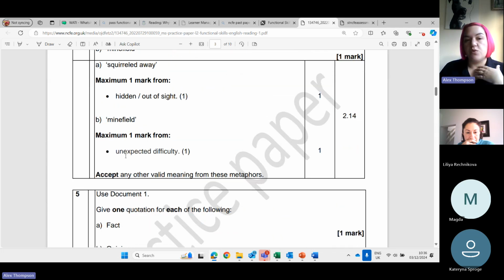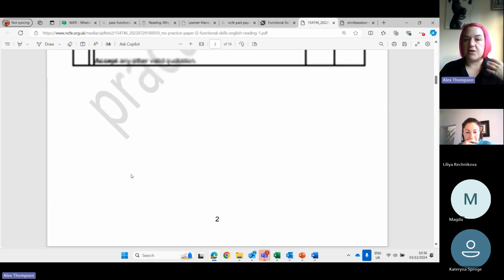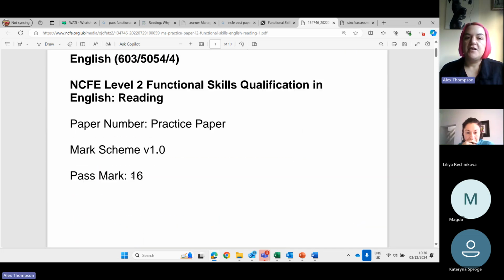If you attempted one of these exams, send it to me, I will mark it and I will give you proper feedback. The best thing I find about these mark schemes, it tells you that on this reading paper, it's out of 30 marks, and to pass, you needed 16. Just over 50% to pass this particular exam.